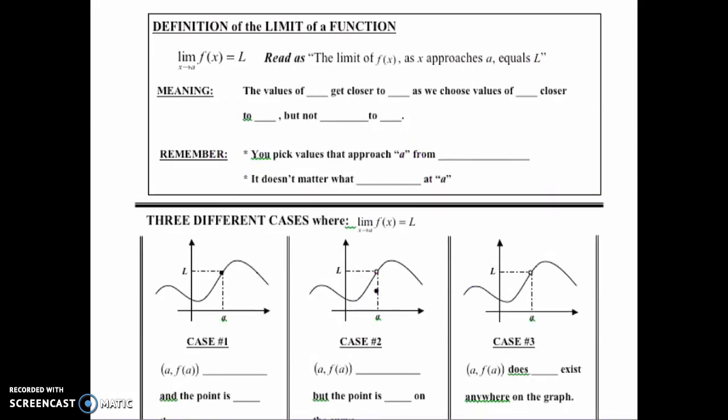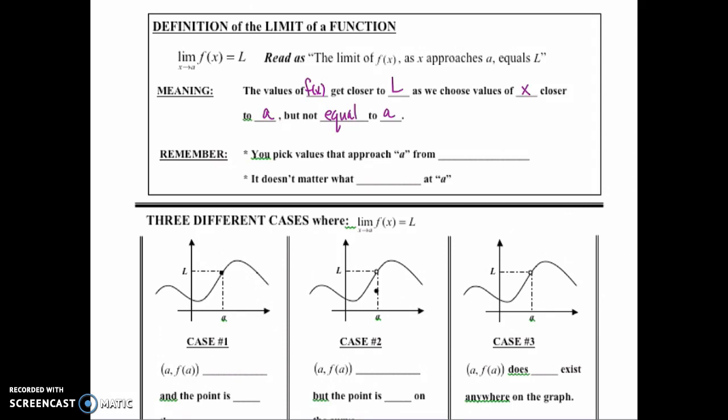Now let's take a look at the formal definition of the limit of a function. Up here in the box, we have the limit as x approaches a of f of x equals L. This is read, the limit of f of x as x approaches a equals L. What this means is that the values of f of x get closer to L as we choose values of x that get closer to a but not equal to a.